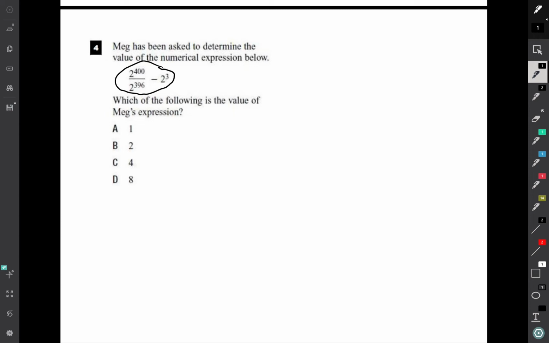First of all, I see that we can use the quotient law again, where a exponent m over a exponent n equals a exponent m minus n. I'm going to use that to simplify the first term in this expression, 2 exponent 400 over 2 exponent 396. Then I'm going to leave the second term alone.